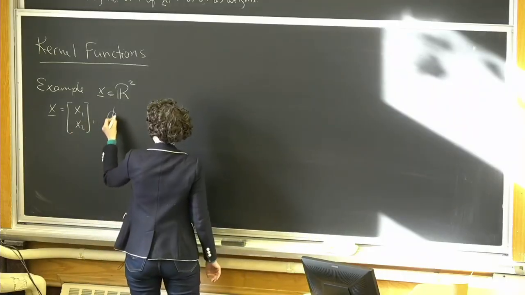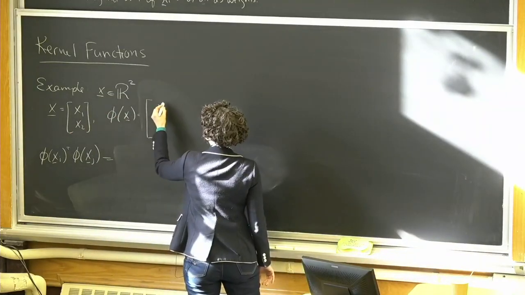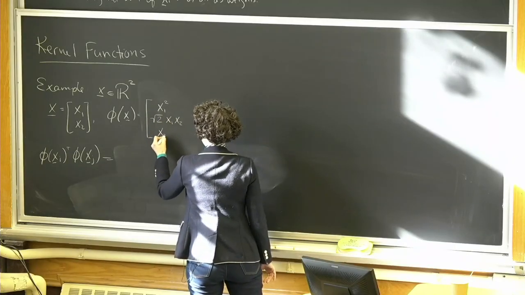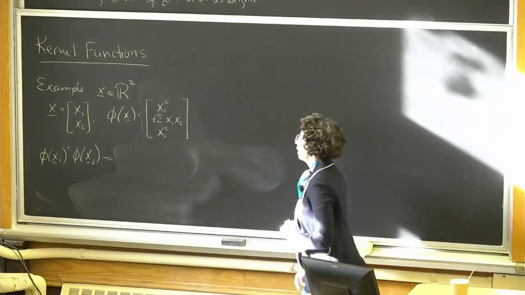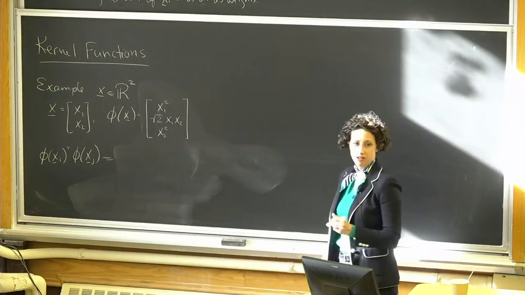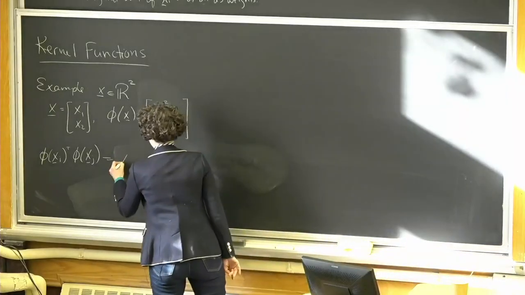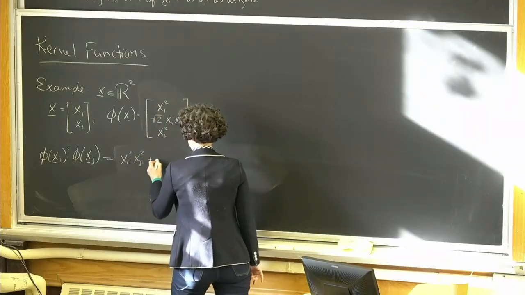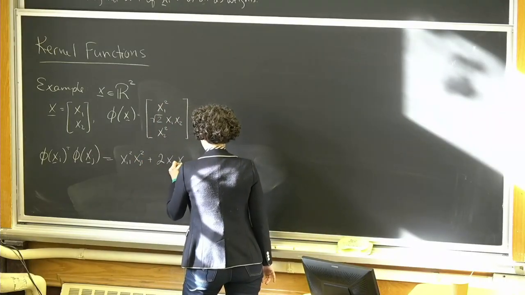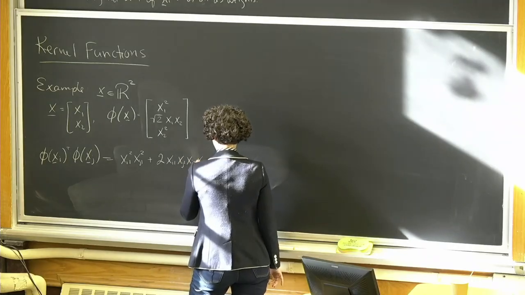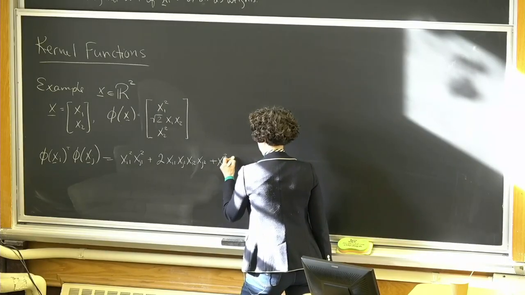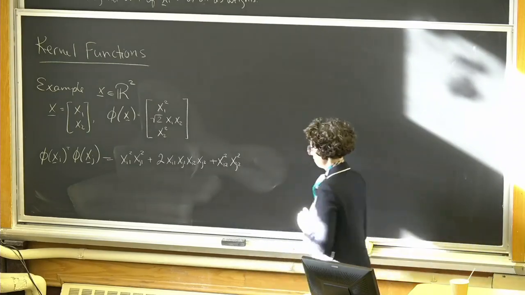And then I'm going to think about a setting where phi of x is x1 squared, square root 2 x1 x2, x2 squared. Now if I look at the inner product of phi of xi and phi of xj, then I will get xi1 squared xj1 squared, plus 2 xi1 xj1 xi2 xj2, plus xi2 squared xj2 squared.